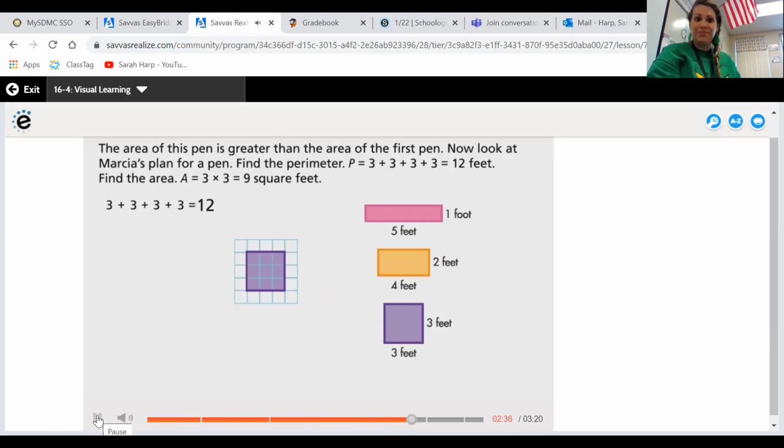Is that what you got? 12 feet. Find the area. A. So think about how we solved the area. Remember, we're multiplying. So what two numbers are we going to multiply and what would the area be? Think of that in your head as we play the rest. A equals 3 times 3 equals 9 square feet.